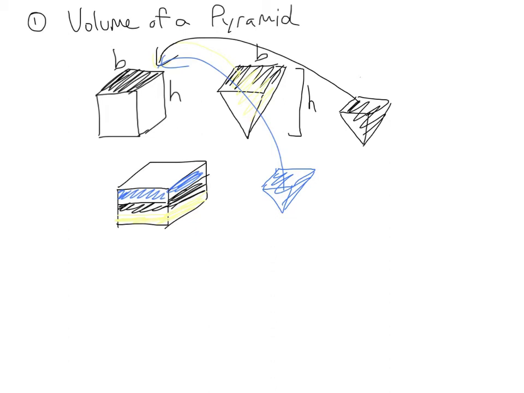It tells us that the volume of a pyramid is 1/3 the volume of a cube that has the same base and same height. So for volume of a pyramid, we take the area of the base, that right there, times the height, which was that right there, and we take that all times 1/3.